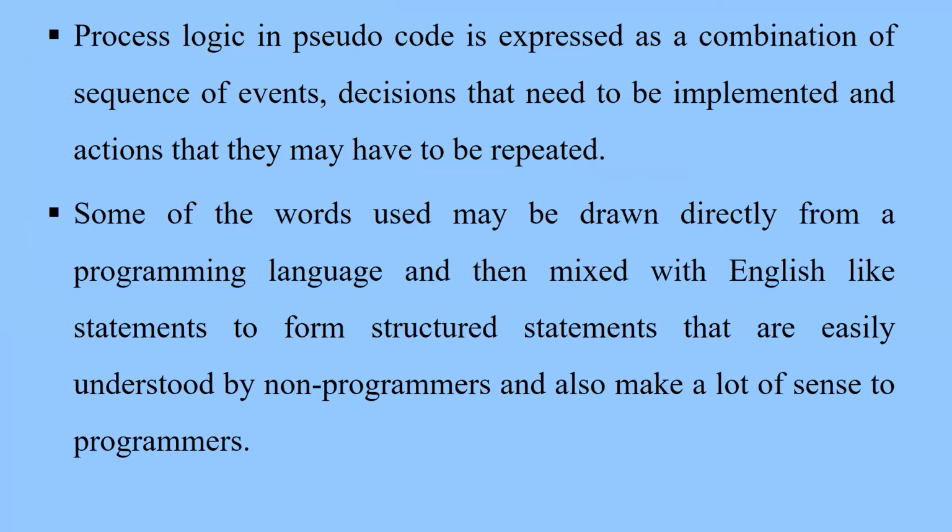Some of the ones used may be drawn directly from a programming language, and then mixed with English-like statements to form what we call structured statements that are easily understood by non-programmers and also make a lot of sense to programmers.